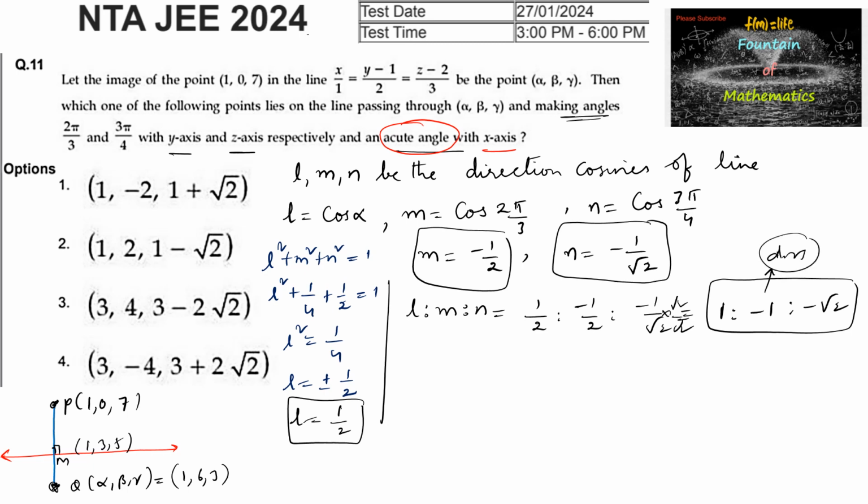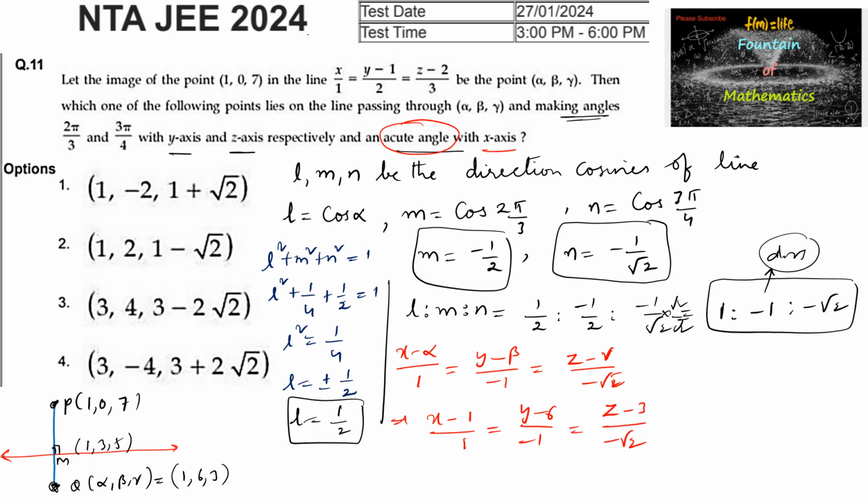And our line is passing through alpha, beta, gamma, and we can write (x minus alpha) upon 1 is equal to (y minus beta) upon minus 1 is equal to (z minus gamma) upon minus root 2, which implies (x minus 1) upon 1 is equal to (y minus 6) upon negative 1 is equal to (z minus 3) upon minus root 2.